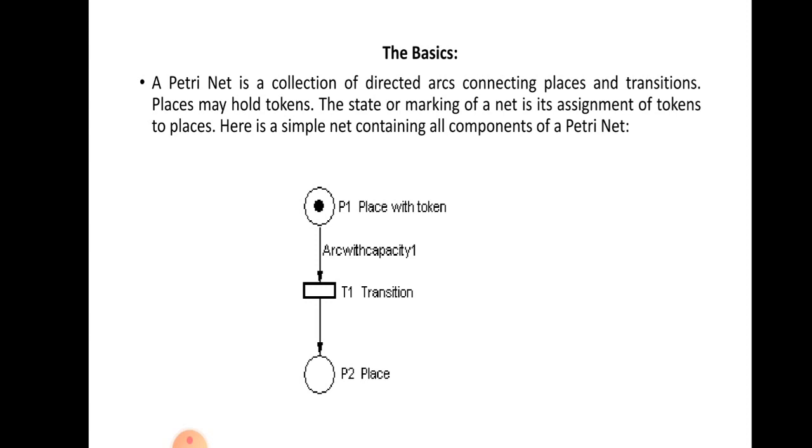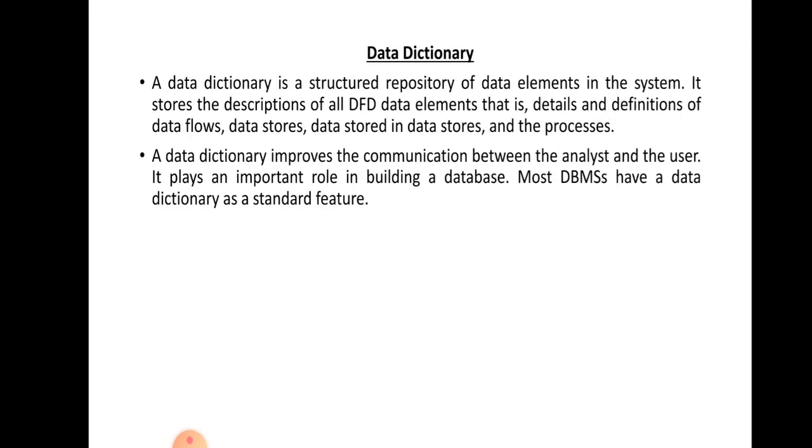The final topic is the data dictionary. It is a repository of data elements used in the system, and it also stores the description of all data flow diagram elements, that is, the detailed definition of data flows, data stores, the data to be stored in the data store, and the processes.